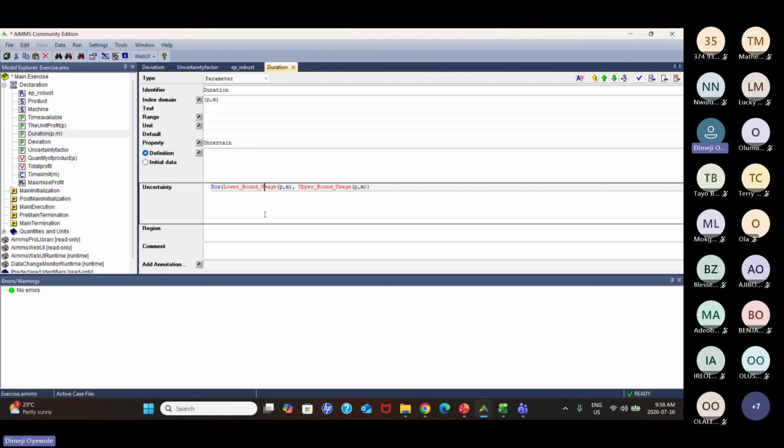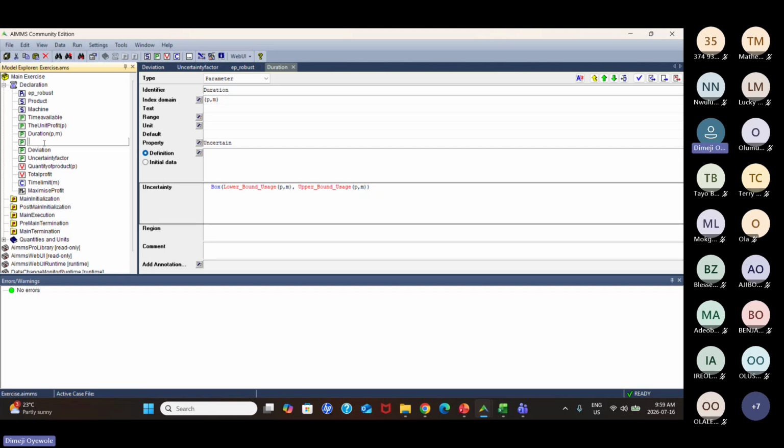Because it is a box, the box has the ceiling and the floor. So you have both. You put the lower bound, which is the floor, and then the upper bound, the ceiling. This is showing red because I have not indicated it here in my tree. So I have to go and create two parameters. Lower, I'll just use lower.